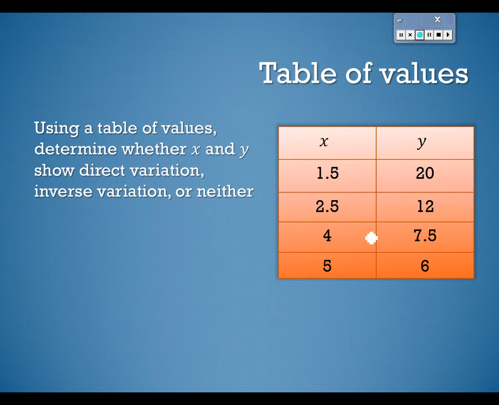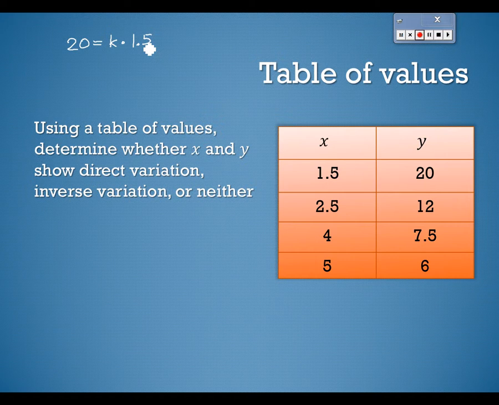Here's the way I would approach this: by being naive. I would say, I think it's direct, and until I've been proven wrong, I'm going to assume it's direct. If it's direct, then that would mean 20 equals something times 1.5, right?